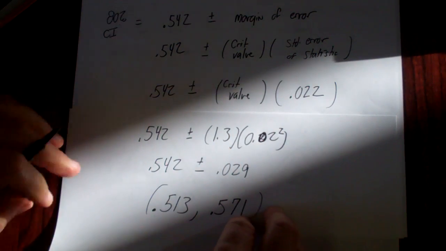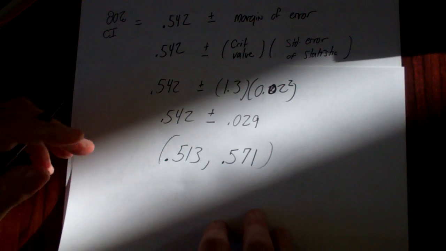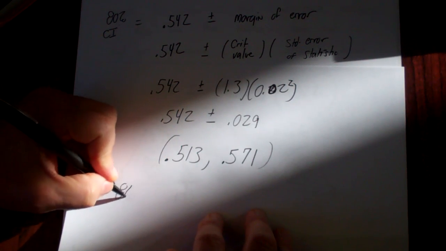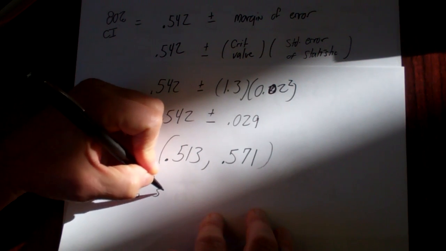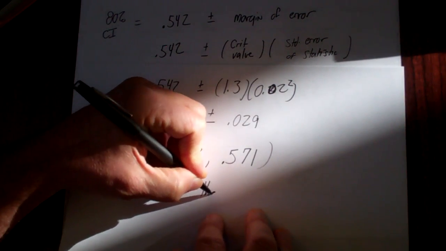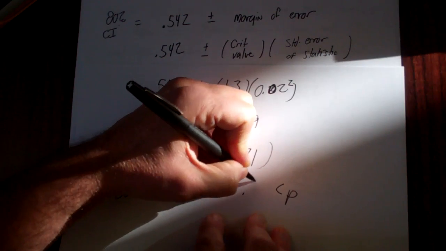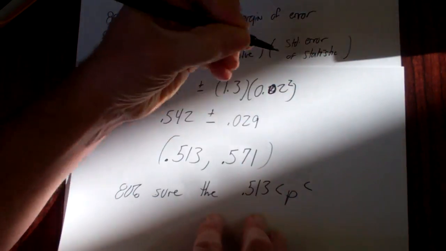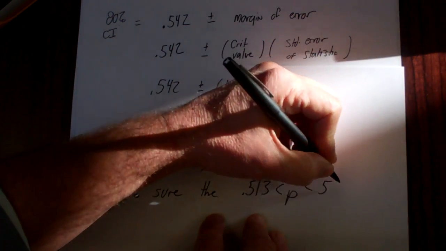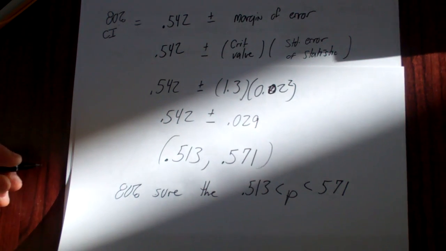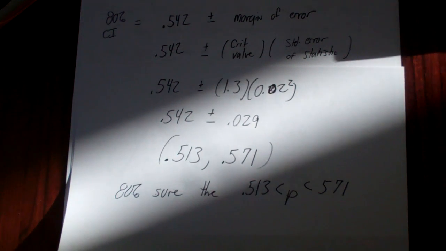And let's think about what that means. What that means is that we are 80% sure, or confident, that p falls between 51.3% and 57.1%. And that's how you do confidence intervals.